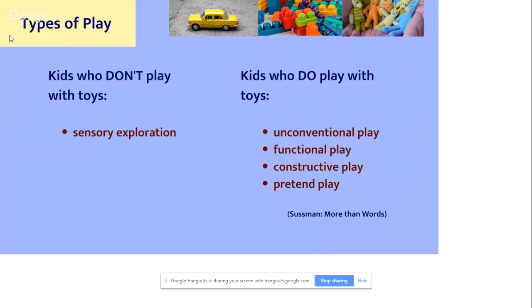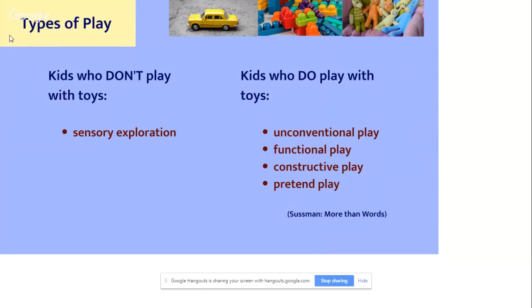And then there is pretend play, which is symbolic. It's taking a toy and letting it stand for something else, right? At a simple level, if I take a toy phone, put it to my ear and pretend to be talking, that's a very simple type of pretend play.